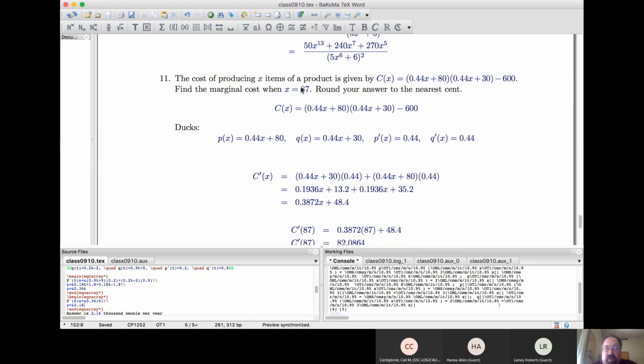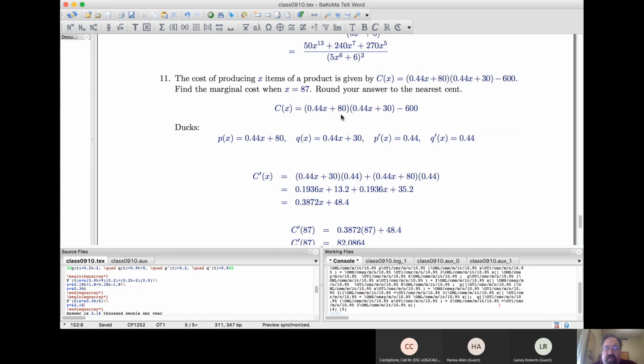Okay, here we have another word problem. We have a cost function given here, and the problem asks for marginal cost at a certain value of x. Marginal cost, remember from a previous lesson, 2.4, is the derivative of cost. So here's our cost function again.